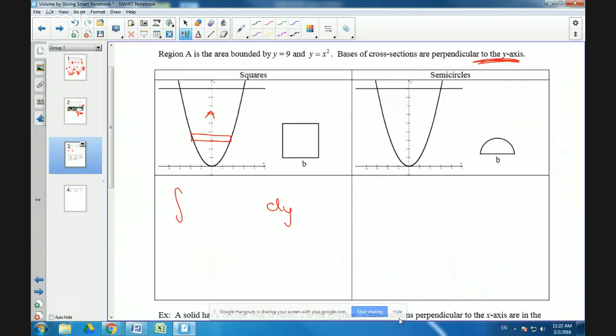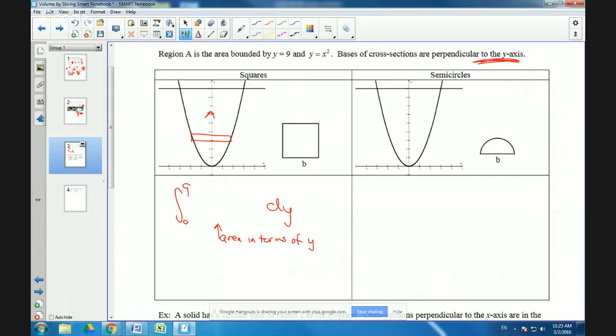What are our y boundaries? 0 to 9. Now we need to put everything in terms of y, so we need an area in terms of y.